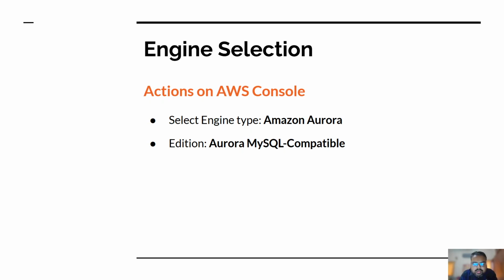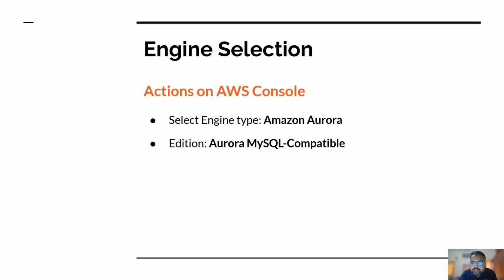Aurora works differently from traditional databases. Instead of a single database instance, Aurora uses a cluster architecture, where one instance acts as a writer and others can act as readers.